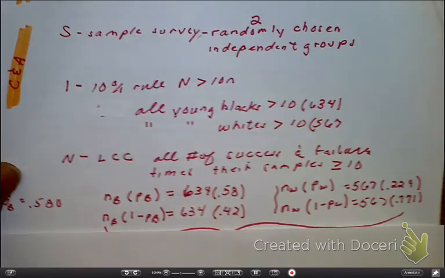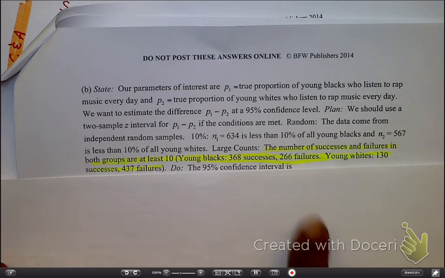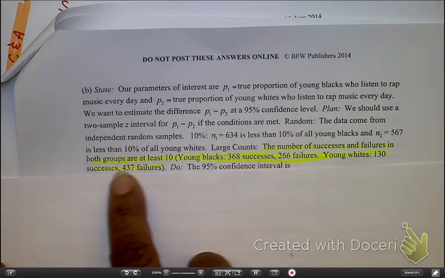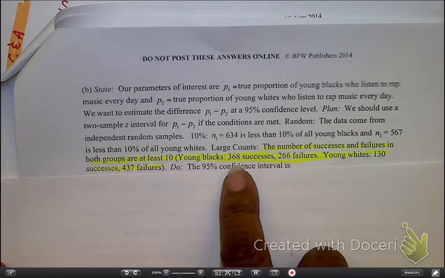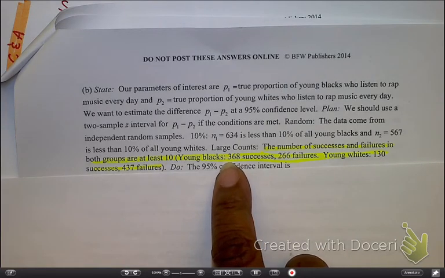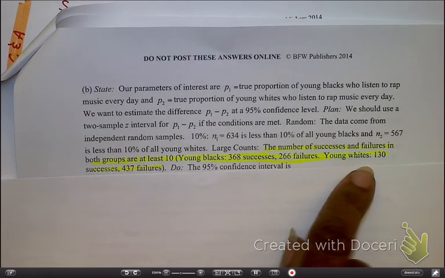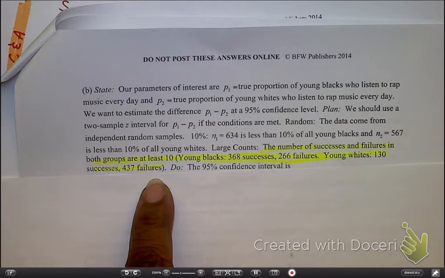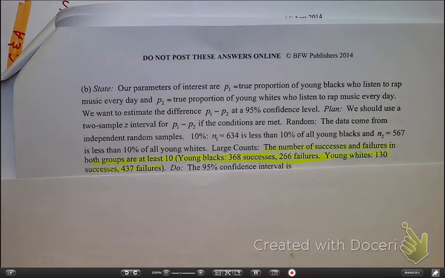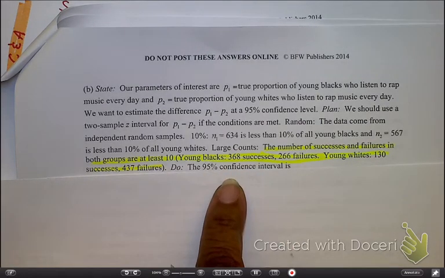As you are writing that down, I am going to pause to find what the book did, because you might like that. So as you look at this, this is what they said: the number of successes and failures. So basically what I said, but then remember I said we have to add some numbers, so they added the numbers of the successes and failures of the young blacks and the successes and failures of the young whites. So instead of showing the inequality in the math, they did it this way, and honestly I kind of like it.